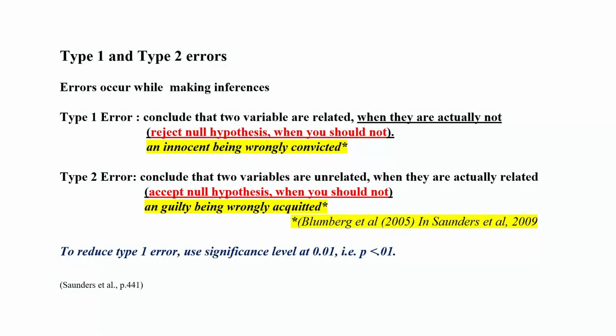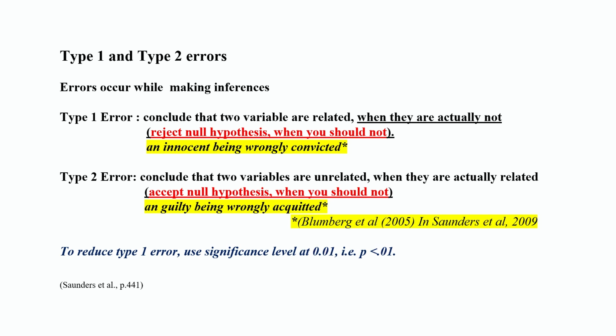We connect it with the percentage, that is 95% confidence, or a p-value of 0.05. We always use this p-value as higher or lower. When we analyze the result, we can get this value. So to reduce type 1 error, we can use the significance level at 0.01, that is, p-value is less than 0.01. So I hope you got the clarity.